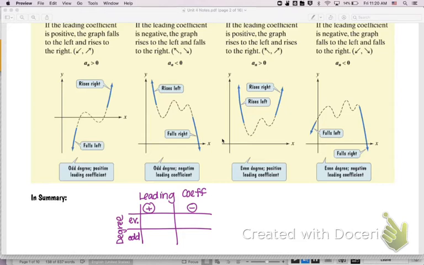A positive parabola opens up, and a negative parabola opens down, so both arrows point down. If it is odd, think about a line. A line is to the first power, so that's odd. A line with a positive leading coefficient, which is the slope, is going to go down on the left and up on the right. And if it has a negative slope, it's going to be up on the left and down on the right. So that's how we can decide our end behavior.